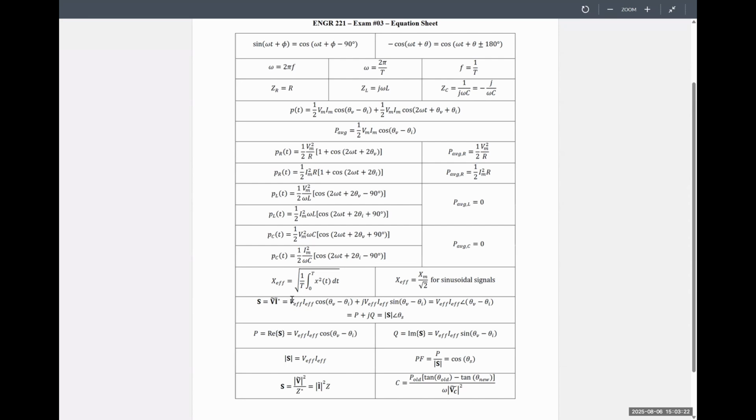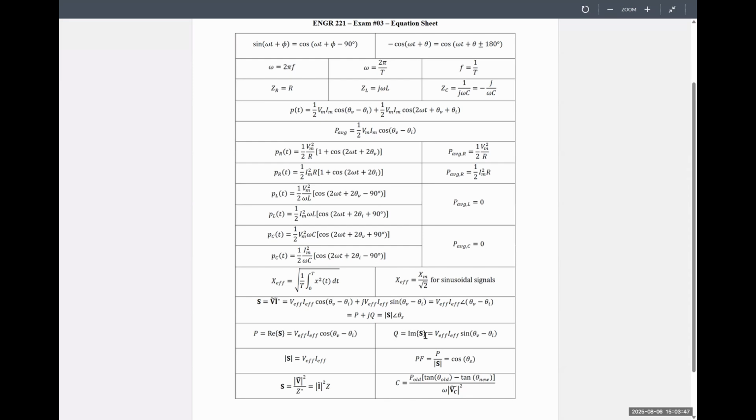Here are our complex power relationships. This is what we talked about towards the beginning of class in rectangular form. Here's polar form, and then here's the simplified P plus jQ is equal to apparent power angle, power factor angle. Then I even remind you, average power is the real part of complex power.